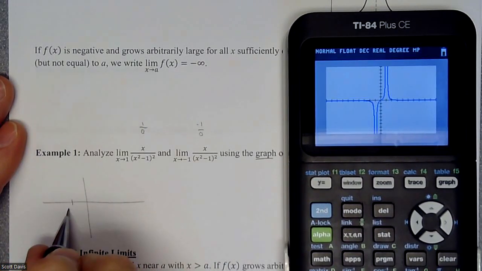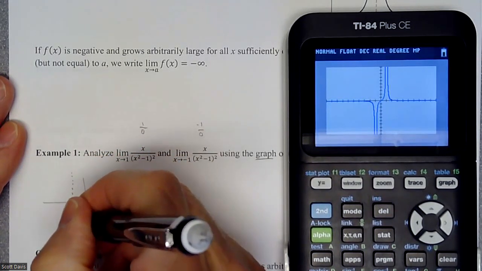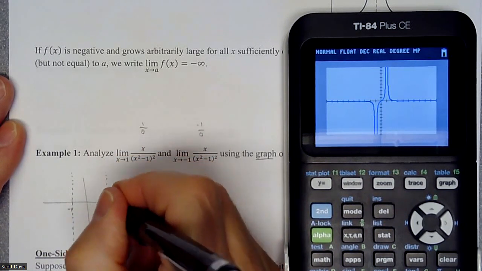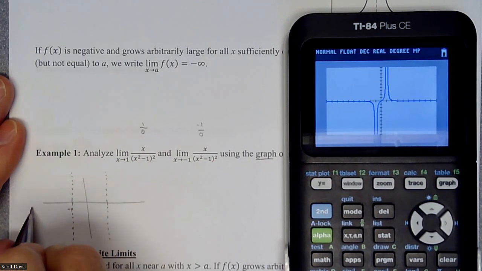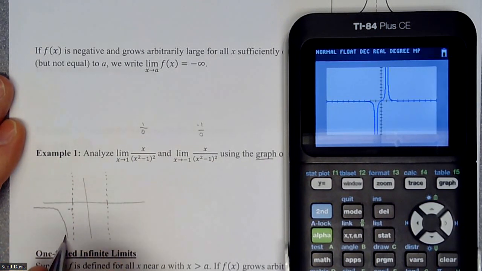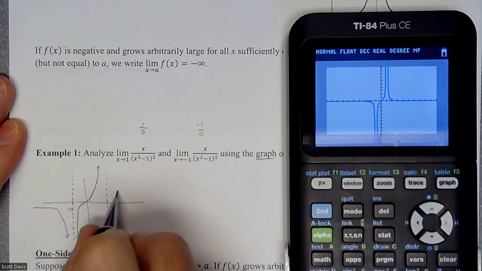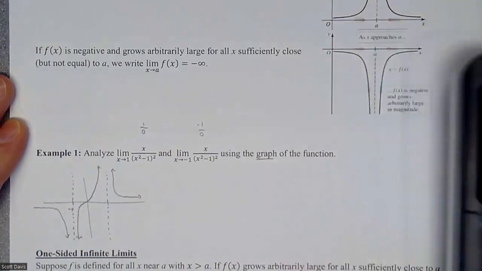We have an asymptote at -1, which we knew, and an asymptote at +1, which we knew as well. We just didn't know what was happening around them. So we have this happening on the left, this going through the origin, and then this to the right. Okay, so we have our visual.